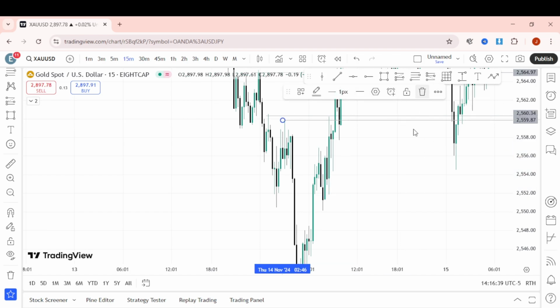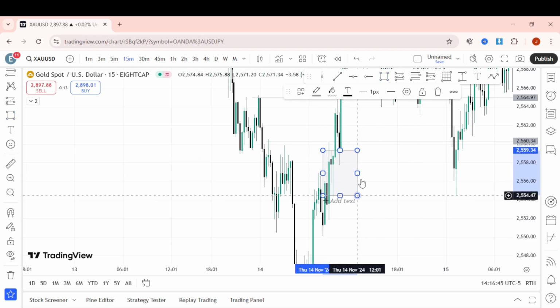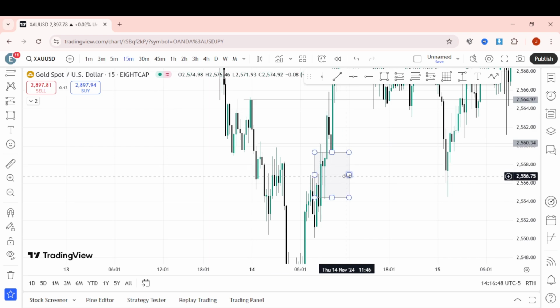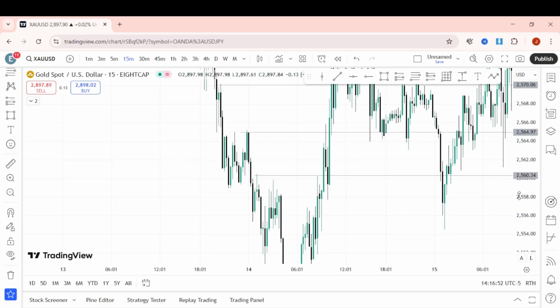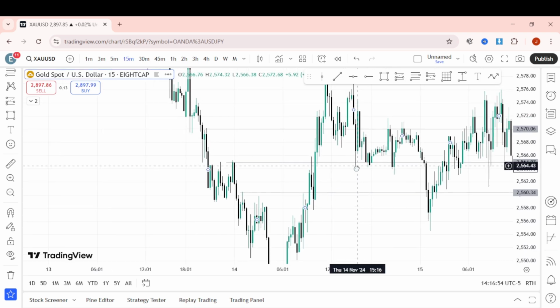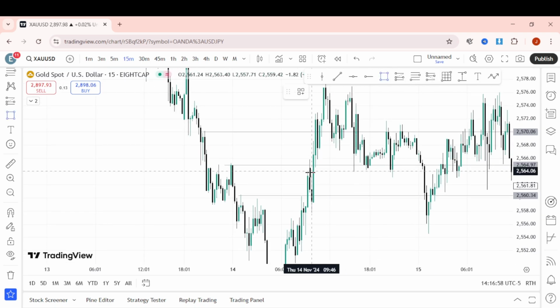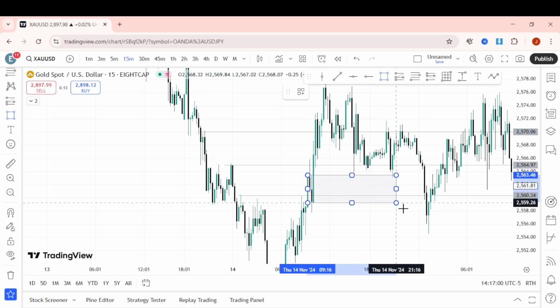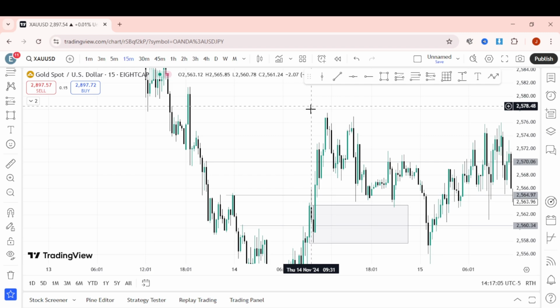So let's move to the second one. Same thing, price respected this order block, so it is valid as well. And let's move to the third order block. Now this order block right here is kind of tricky because it took a lot of time for the price to come all the way down.